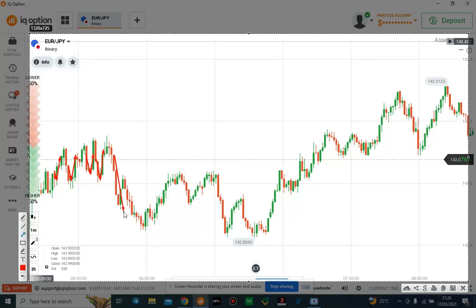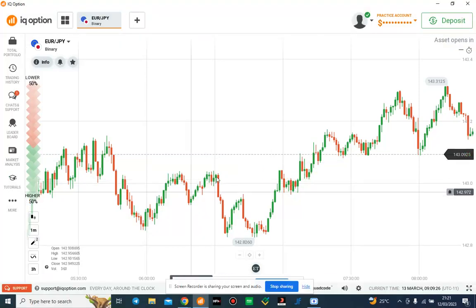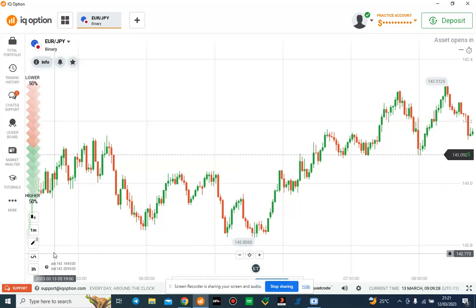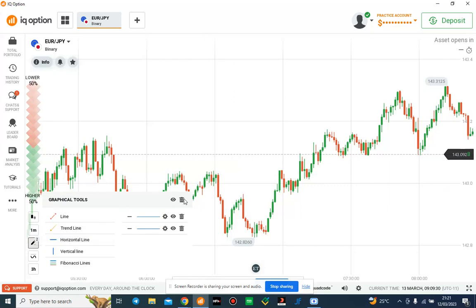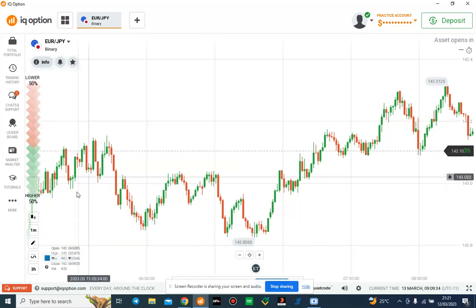Then finally a breakout, up, down, up, down, up, down, up, down. Then finally a breakout, down, up. You can see that is how the market moves. Then you want to draw a level here, you don't know how to draw it. Just watch how I'm going to draw the supports here.